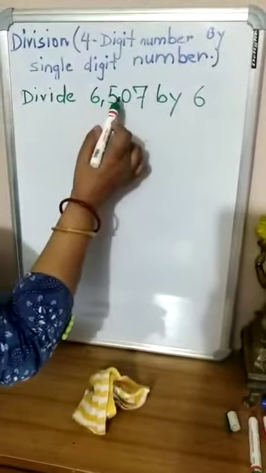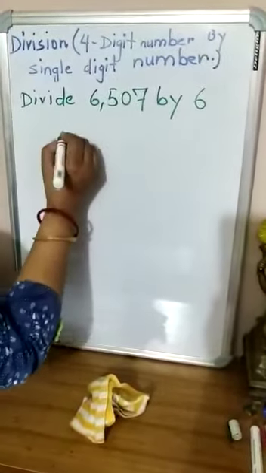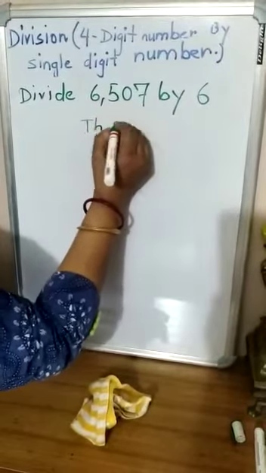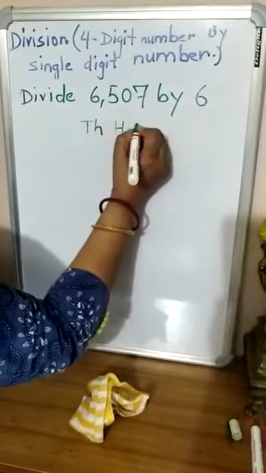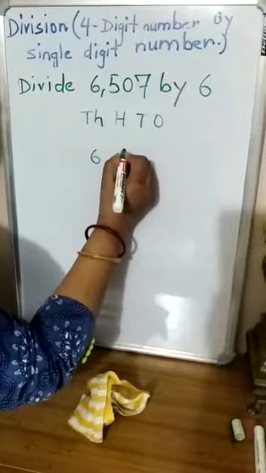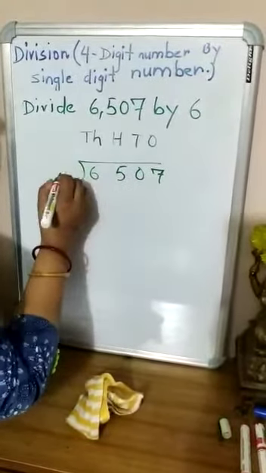Here 6507 is a dividend and 6 is a divisor. Now I will write it down in the place value chart. This is a 4-digit number, so the chart has 4 places: thousands, hundreds, tens and ones. Now I will write 6507 and then I will write down the divisor here, 6.